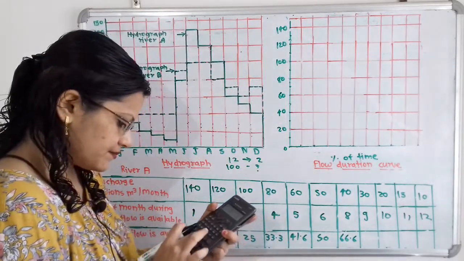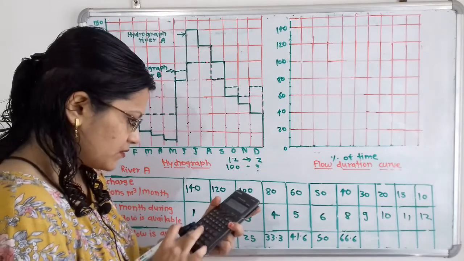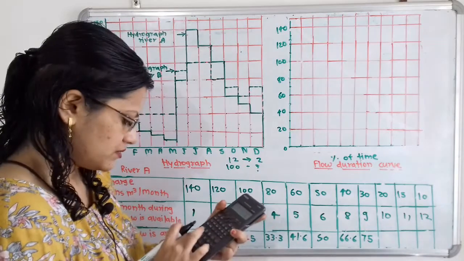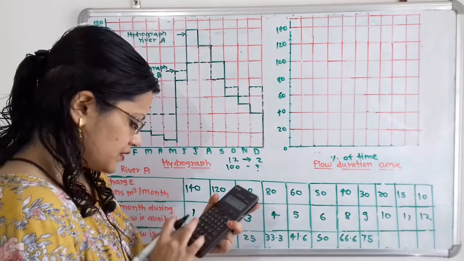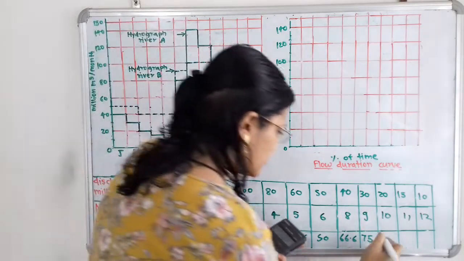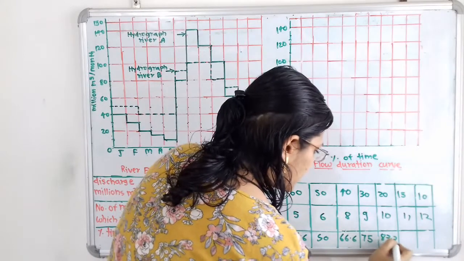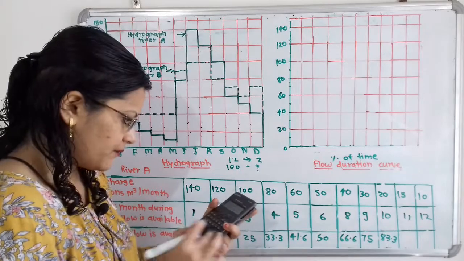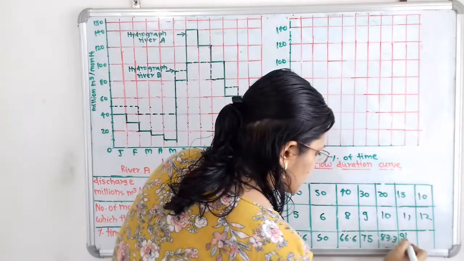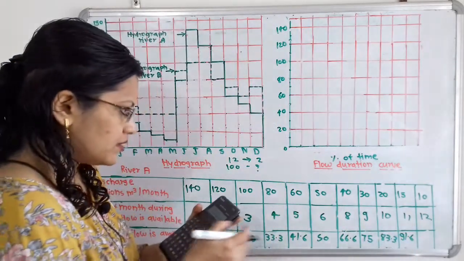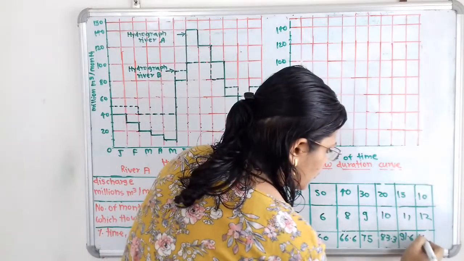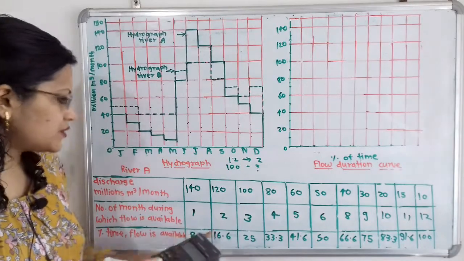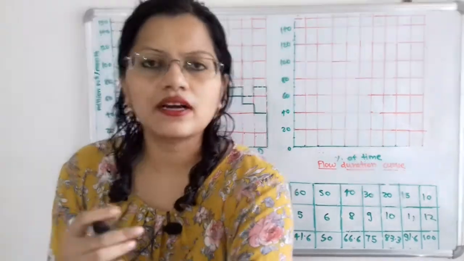Then 900 divided by 12, that is 75. Then 1000 divided by 12, that is 83.3. Then 1100 divided by 12, 91.6. And here 100% because in all the months the flow is available. So in this way this third row is also getting completed.